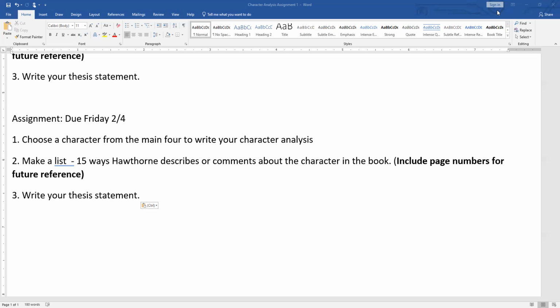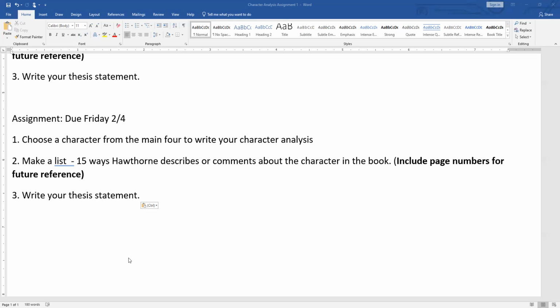So everybody should right now be focused on that character. Now, part 2 of this assignment: make a list of 15 ways that Hawthorne describes or comments about the character in the book. Y'all, I bolded this: make page numbers for future reference. So you need to start going through this book. That's why I gave you the chapter summaries. If you are talking about Roger Chillingworth, then you need to go to the chapter summary. I can't find it.